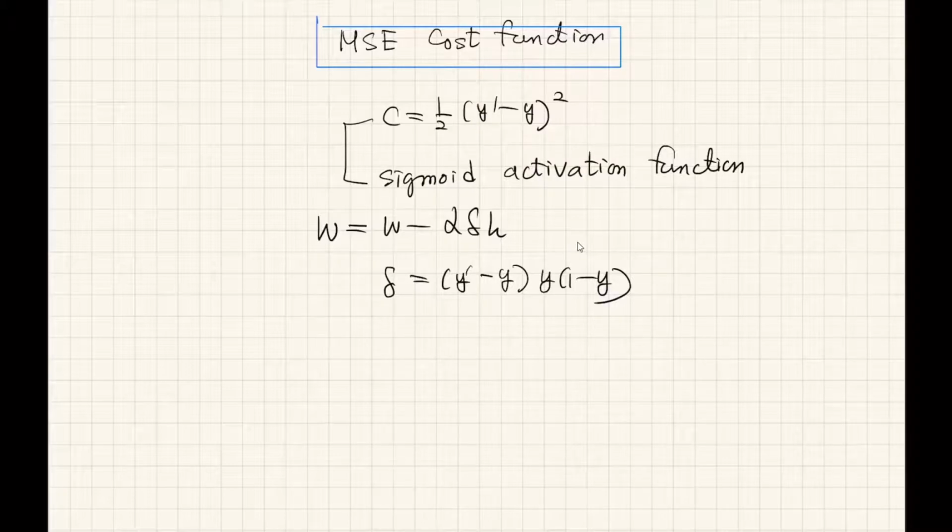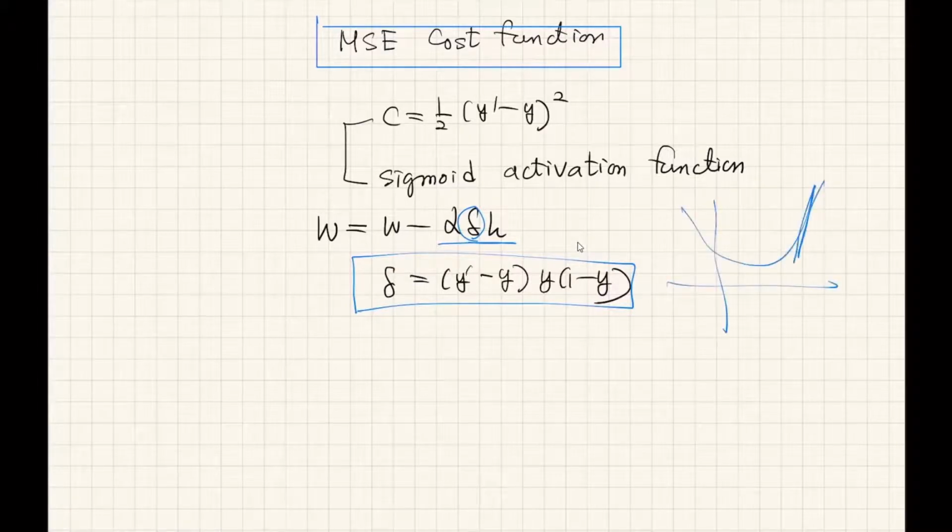This part, delta, controls the gradient of this cost function. But you see that delta nearly becomes 0 when y is equal to 0, and also delta nearly becomes 0 when y is equal to 1.